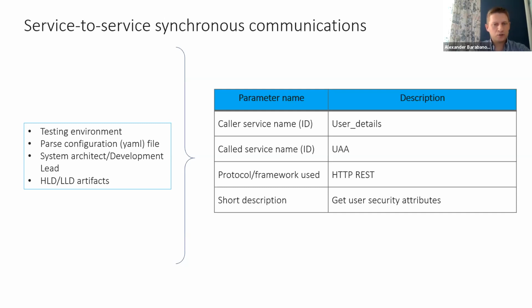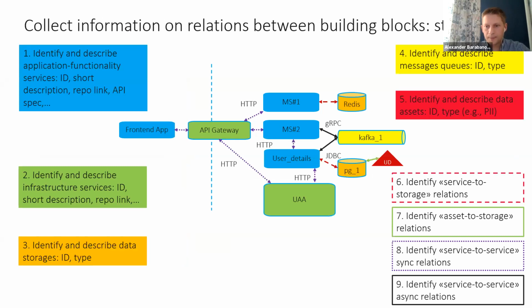And again, the main source of that kind of information could be some development environment, some configuration file like YAML file, and other members of your team like system architect or development team lead, and so on.